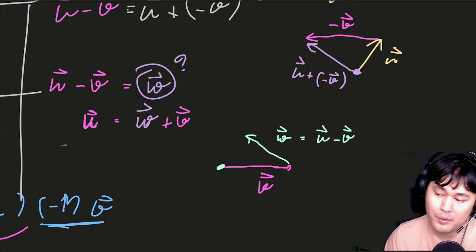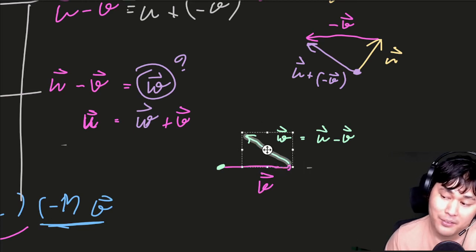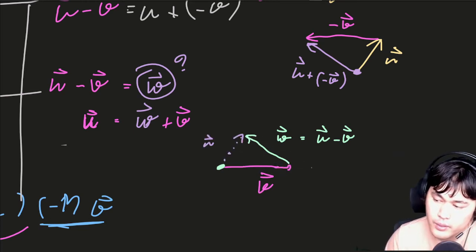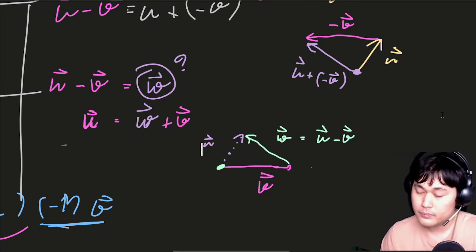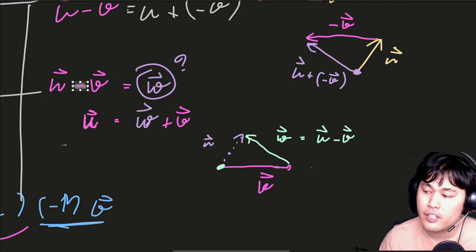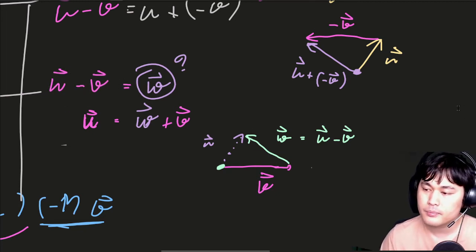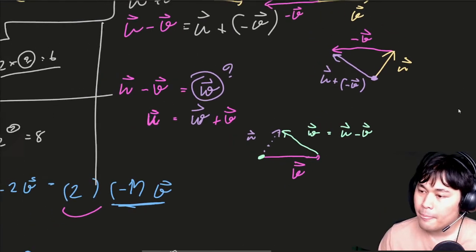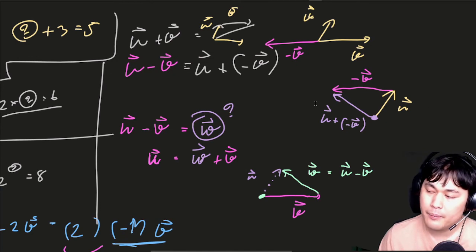But if you erase that, it should be clear that you add these two vectors together to get this result, to get u. And so this must be the difference. This must be the result of subtraction.